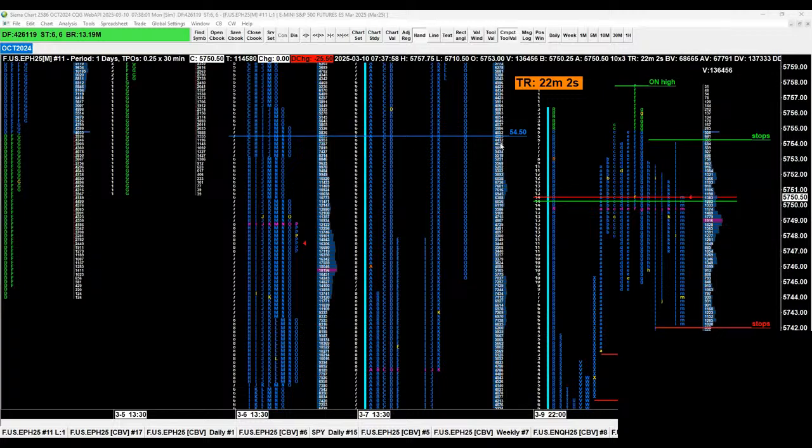Let's look at the price action here. You're not seeing the candle chart. Why are we not seeing the candle chart? I'll have to figure this out. Strange, you're right. You're seeing the TPO. I don't know why you're not seeing the candle.